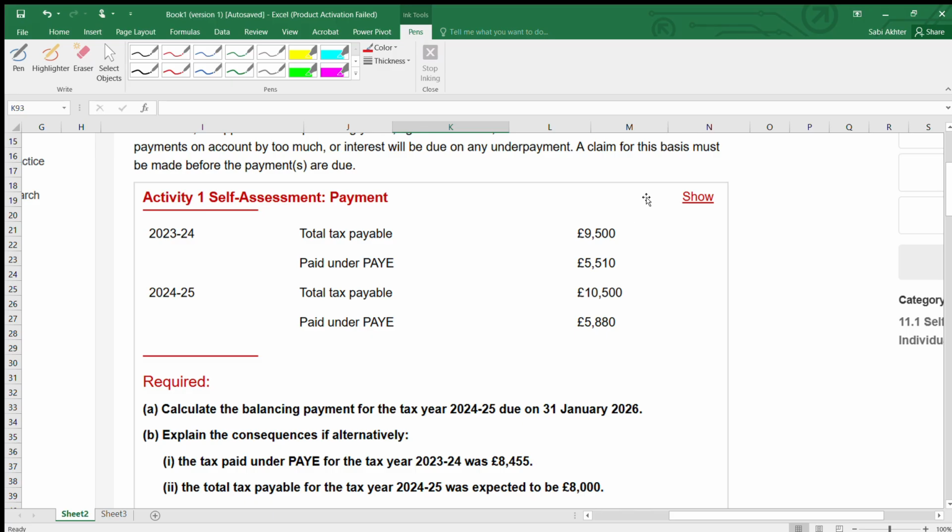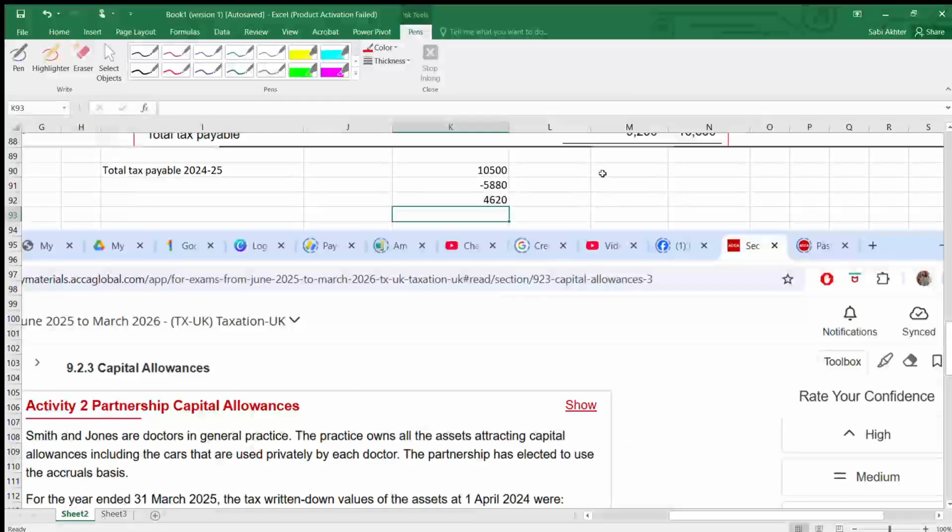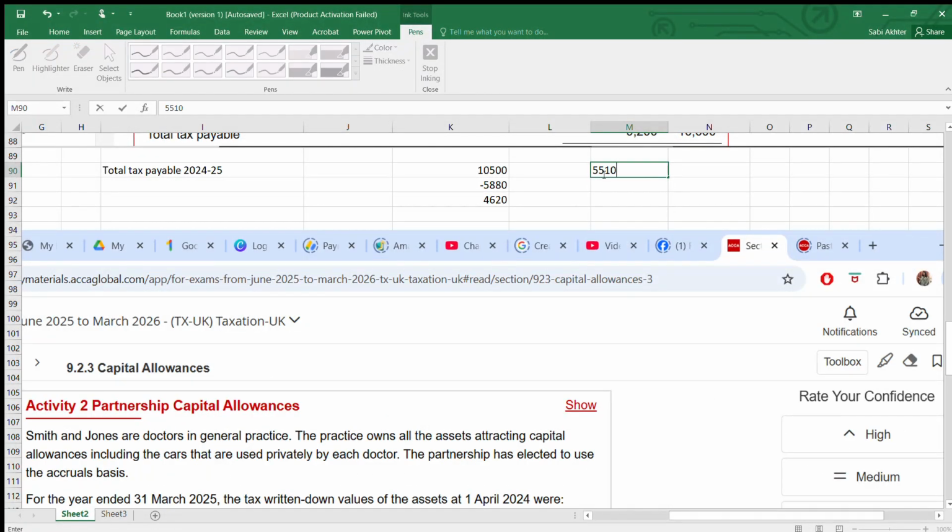Then check the 80% rule. So 5510 over 9500. You see, what is it? It's 58%.